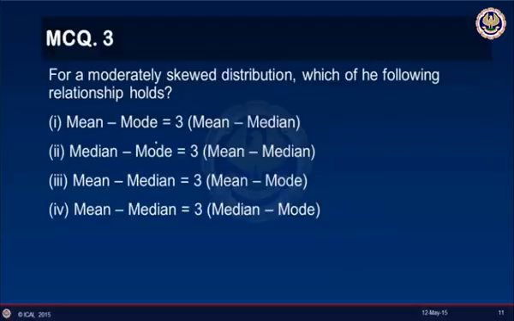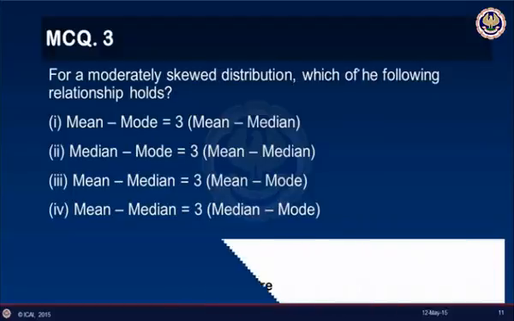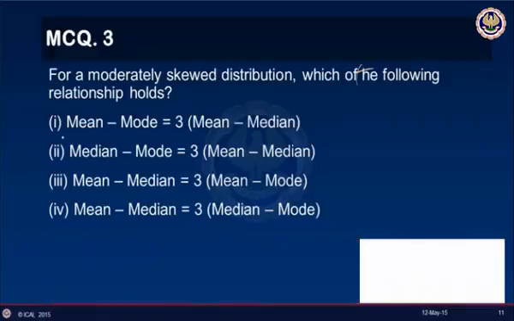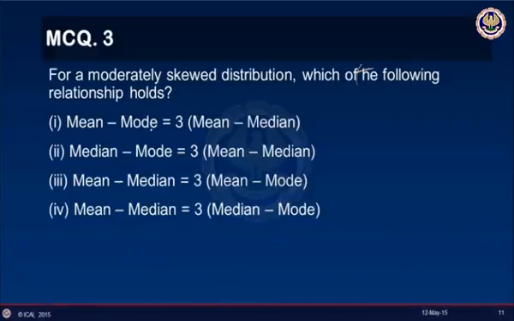Now look at MCQ number 3. For a moderately skewed distribution, which of the following relationships holds? First option, mean minus mode equals 3 times mean minus median. Second option, median minus mode equals 3 times mean minus median. Third option, mean minus median equals 3 times mean minus mode.